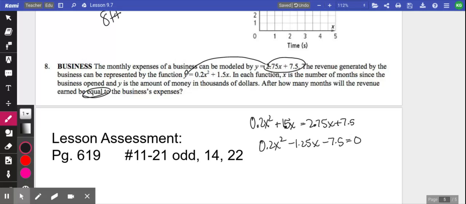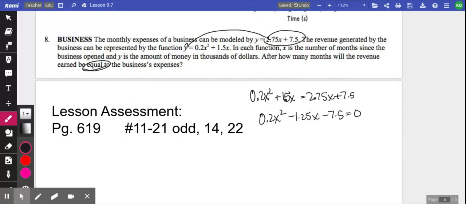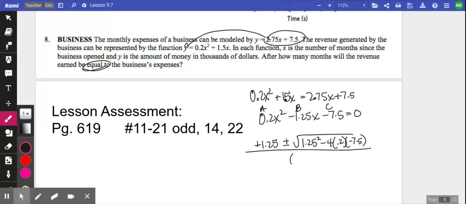On this one, I don't want to try to factor because it looks really sloppy. I'm actually just going to use the quadratic formula. So this is A, this is B, and this is C. So we do the opposite of B plus or minus the square root of B squared minus 4 times A times C all over 2A.